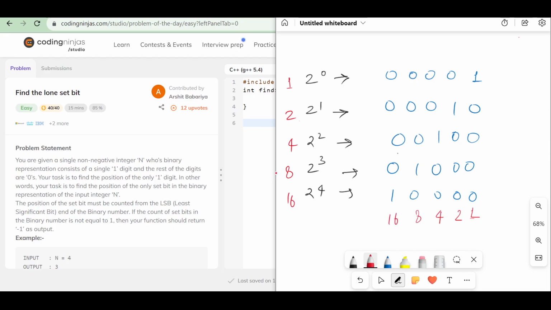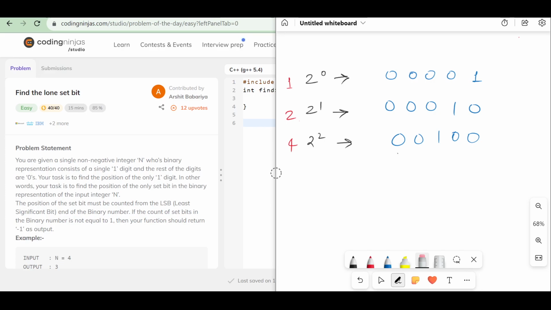Now our decimal number will be the sum of all these numbers above which a set bit is present. Here only one set bit is present above 16, so the decimal equivalent of this binary number will be 16, which is correct. So they are the correct binary representations of these decimal numbers, and they have only one set bit.